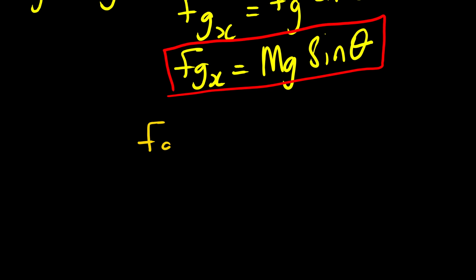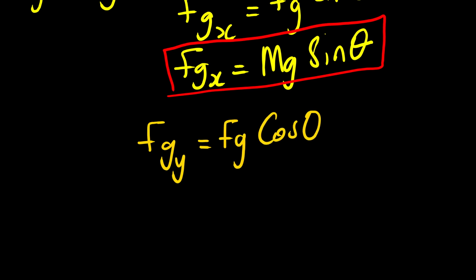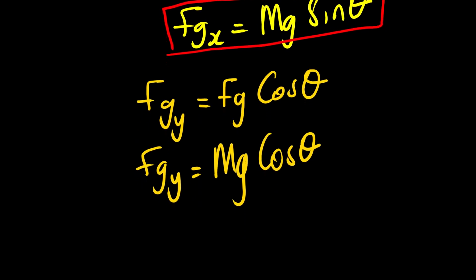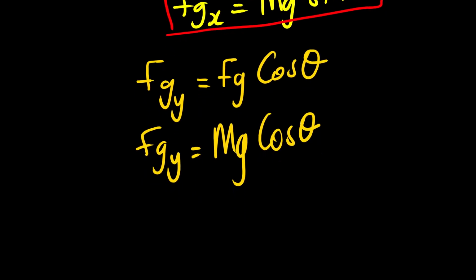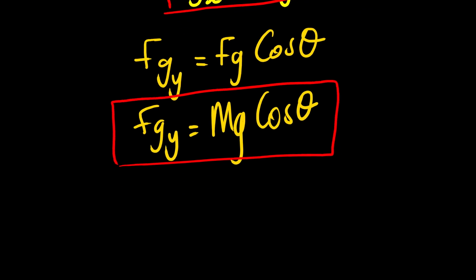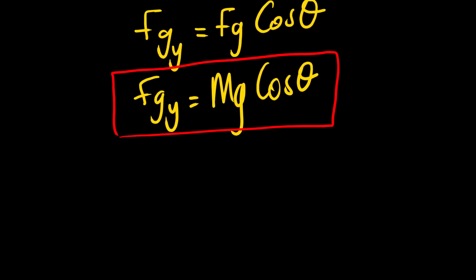Our Fg vertical is Fg cos theta. Fgy, we know that Fg is equal to mg cos theta. This is the equation to calculate Fg vertical.